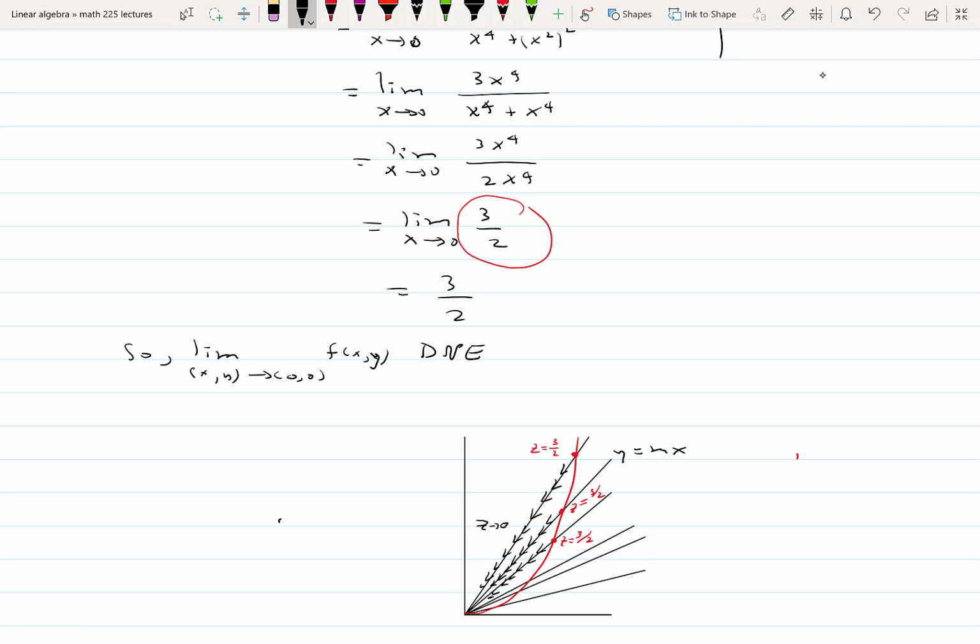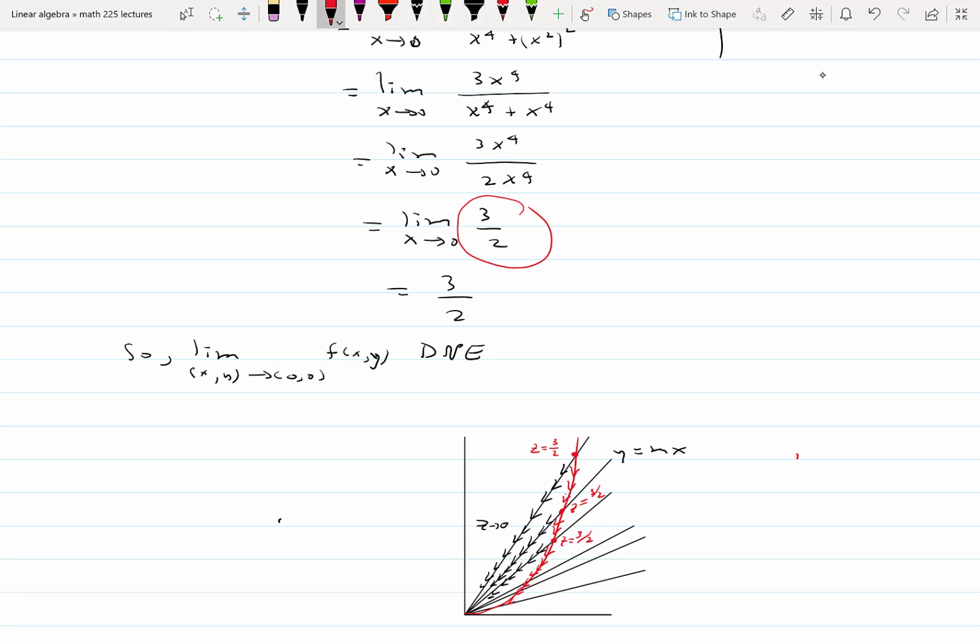Now, change your perspective. Let's go back to the original point where z equals 1/2, on the top, the highest one here. Now let's stay on the parabola and approach the origin. So I'm going to do a little red arrow along the parabola. As I approach the origin and stay on the parabola, the z-value equals 1/2, 1/2, 1/2, no matter what.